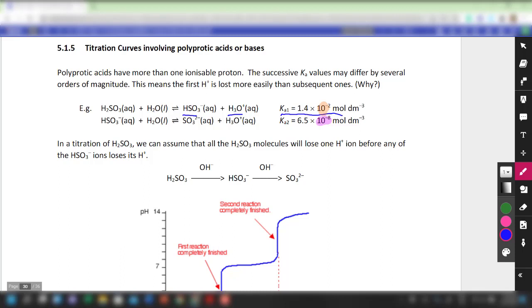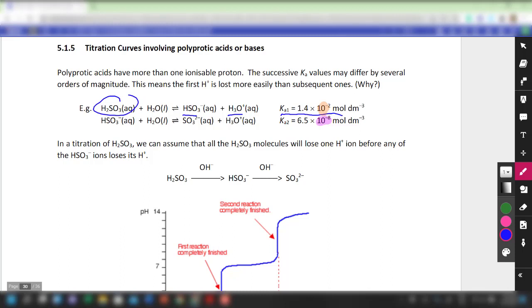And this is often the case, and I don't think it's anything out of the blue. When we start off with H2SO3, you notice that it's a neutral species, and as it ionizes, it becomes HSO3- and H3O+. So it goes from a neutral species to a species with a -1 charge. But HSO3- itself is a negatively charged species. So for it to eject a proton and at the same time double its charge, I think thermodynamically it is more challenging.